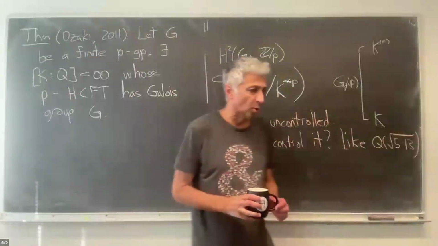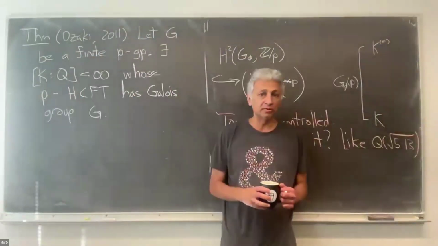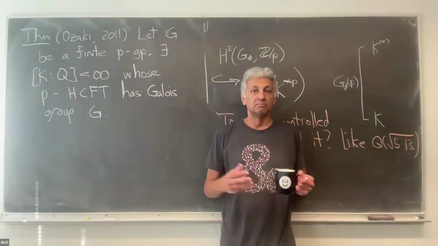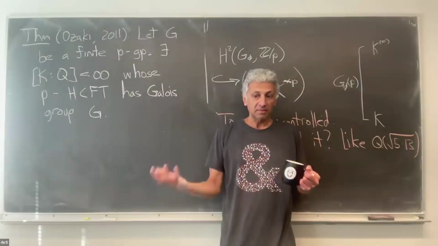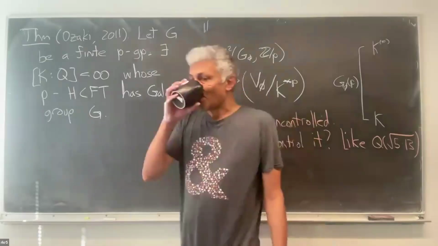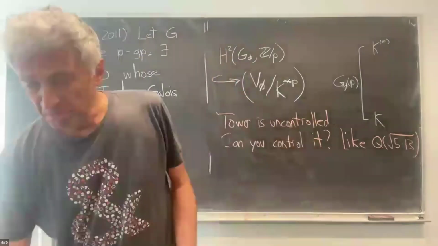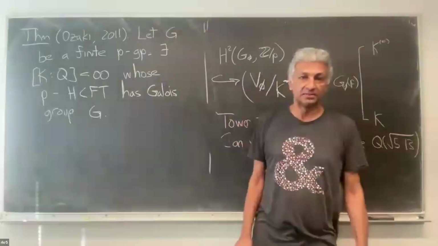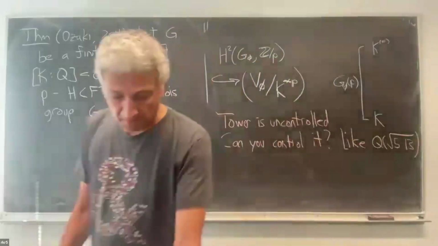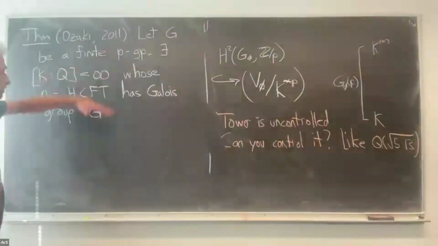In fact, he actually proved more, that if you want it to be a countably generated pro P group, he can make that happen. But you have to pass to an infinite algebraic extension. But we're going to focus on this part.